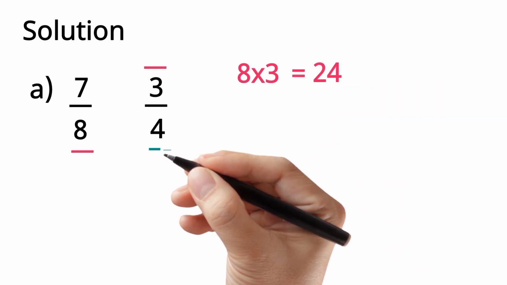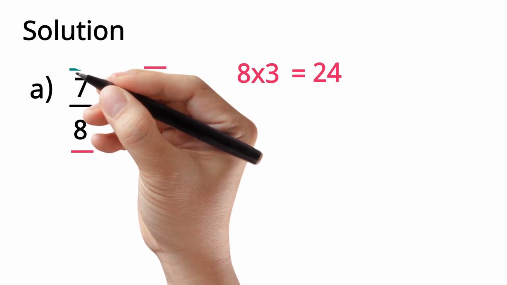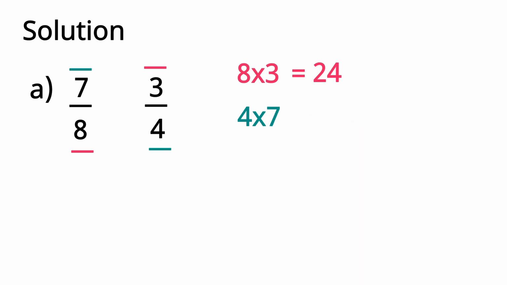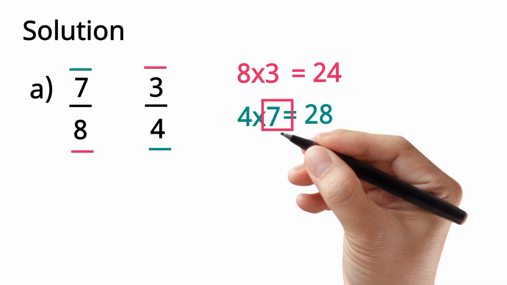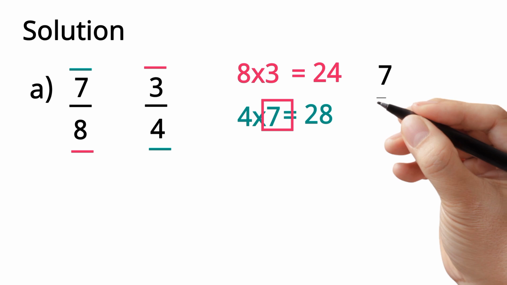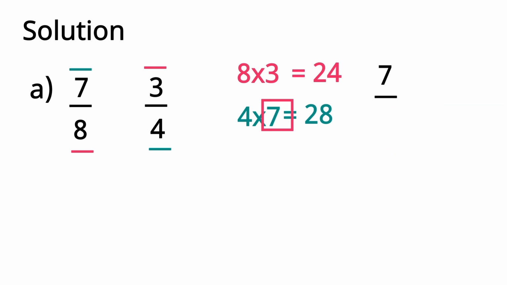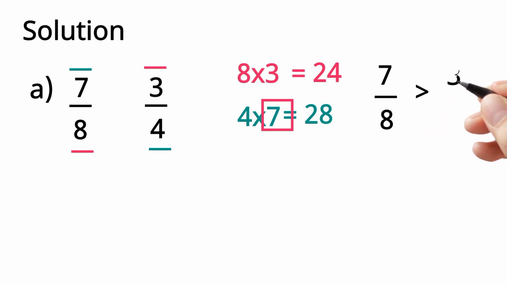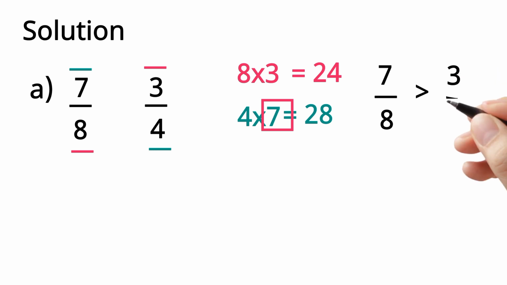And now take the denominator of the other fraction multiplied by the numerator of the first fraction. So 4 times 7 is equal to 28. Now we look at the numerator which gives the biggest product. So 7 brings the biggest product, so its fraction is the one which is largest. So 7 over 8 is greater than 3 over 4. Why? Because 7 brought the largest product.